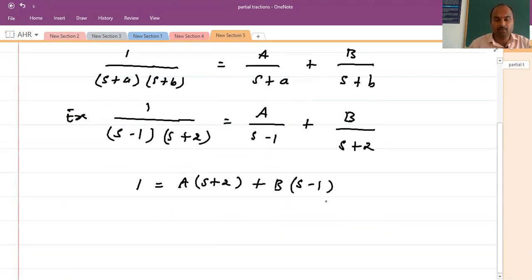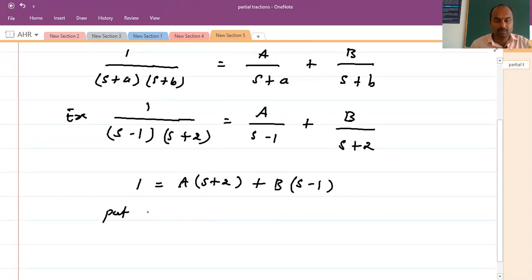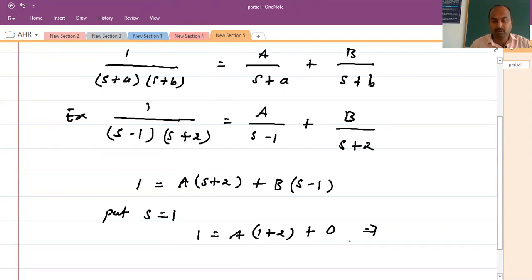Now we'll find the constants. Put s is equals to 1. If s is 1, left hand side is 1. A into 1 plus 2. Second term, it is 1 minus 1, so it will be 0, which implies 1 is equals to 3a, or a is 1 by 3.